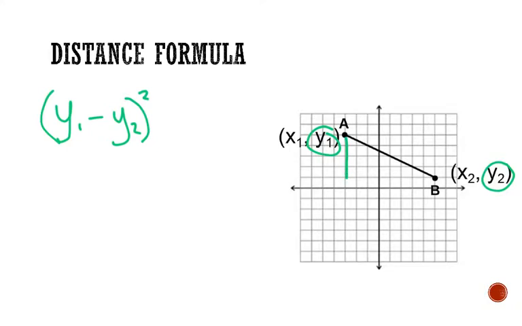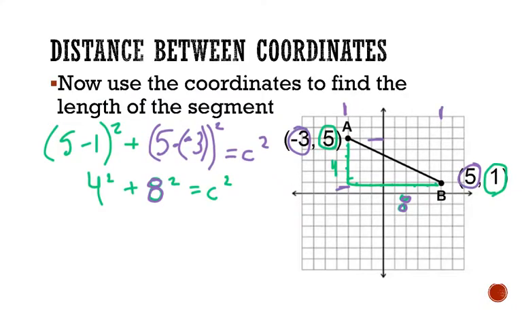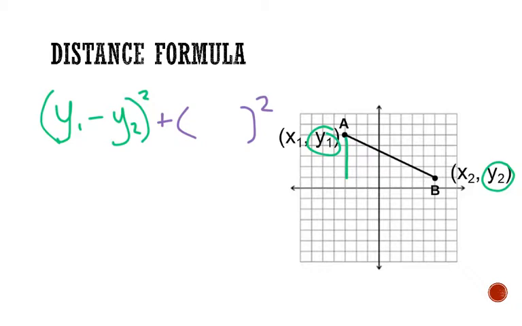Okay. Then the next piece is going to take another set and subtract them. Looking back at our previous example, we had a 5 and a 3 that we ended up subtracting. So we're going to take our 5 minus 3.